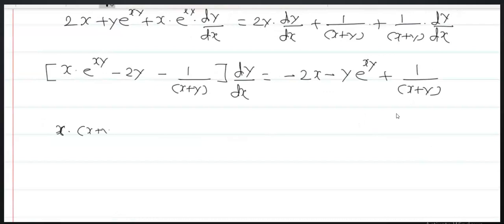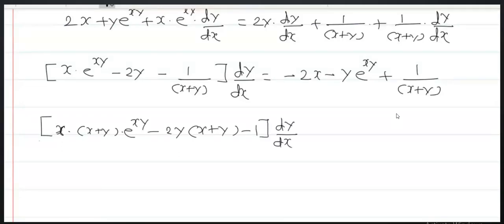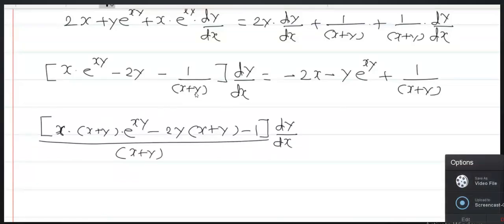Therefore, now here we will simplify. In a simplified form, (x plus y) will be the LCM here. Therefore, x into (x plus y) e raised to xy plus x into y minus 2y into (x plus y) minus 1 upon (x plus y) into dy by dx is equals to.